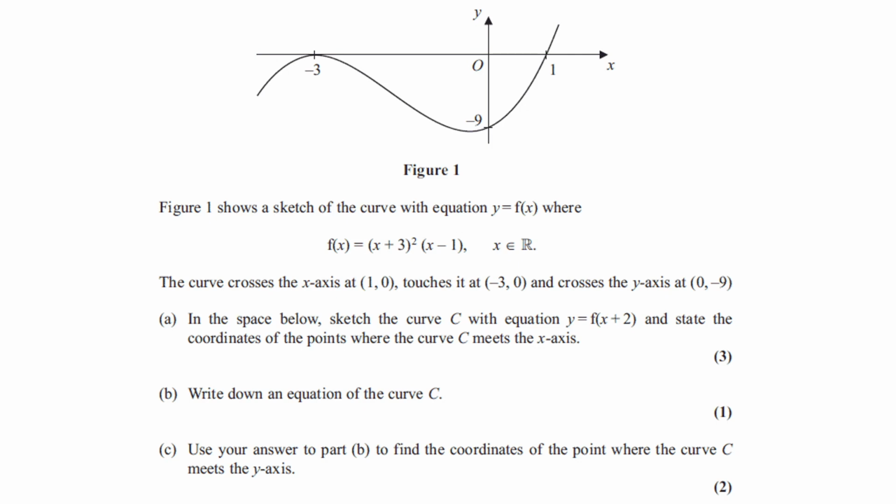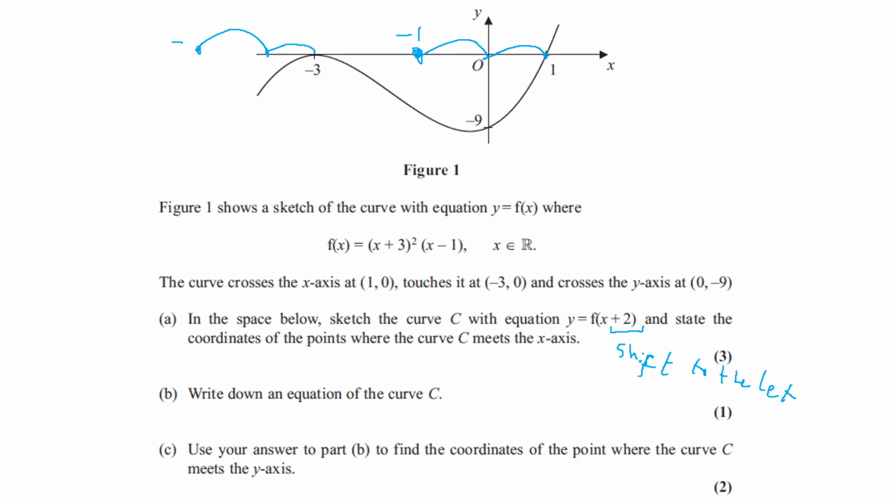Well, because it's x plus 2, we shift to the left. So this one, when we shift it to the left twice, what's it going to be? We shift it once, it's 0. We shift it again, it's going to be -1. Same with this, -3. We shift it once, -4.